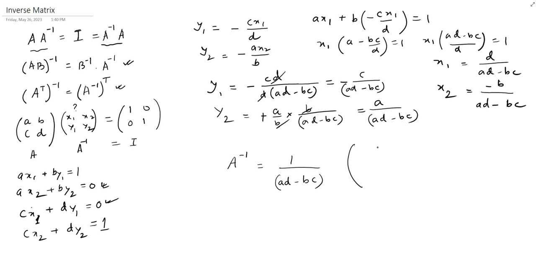So what is x1? x1 is d. What is y1? y1 is minus c, x2 is minus b, and y2 is a. Okay, so this will be my inverse of matrix A.